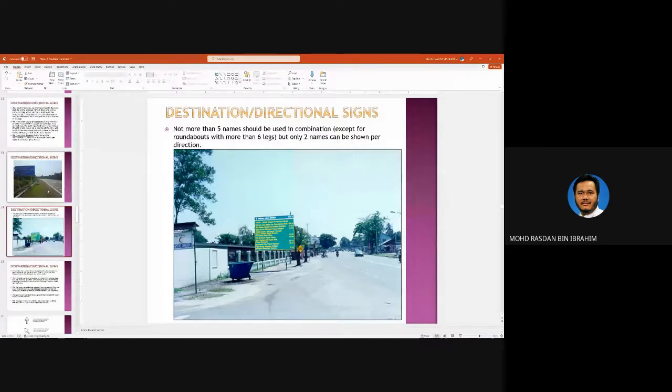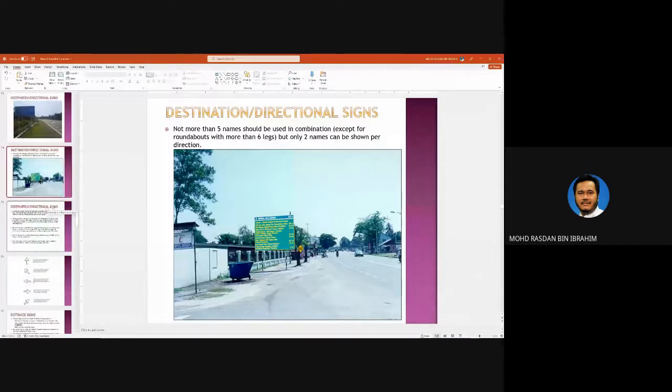All right. And it is even worse if this signboard is actually covering up another signboard erected by the JKR. See, this one is erected by the council, and it is covering up the other signboard erected by JKR. That is even worse.